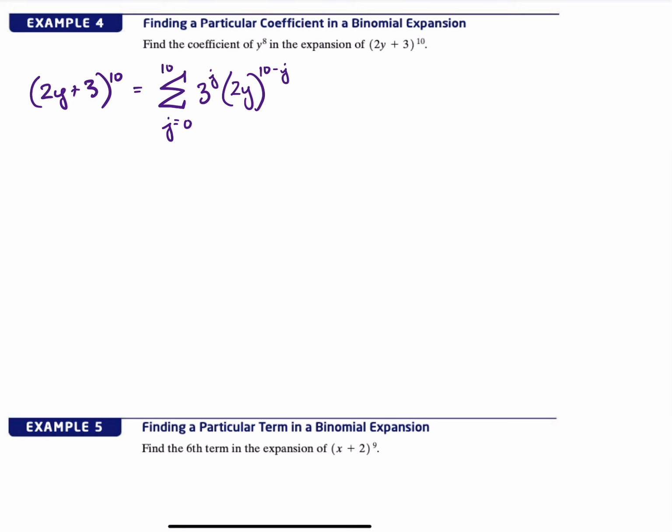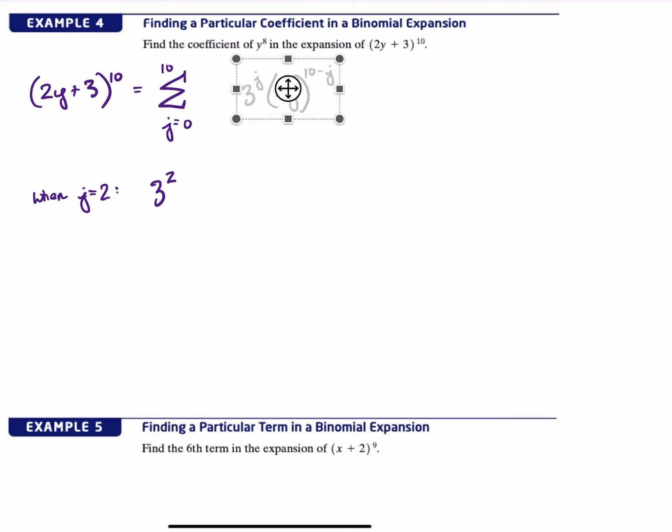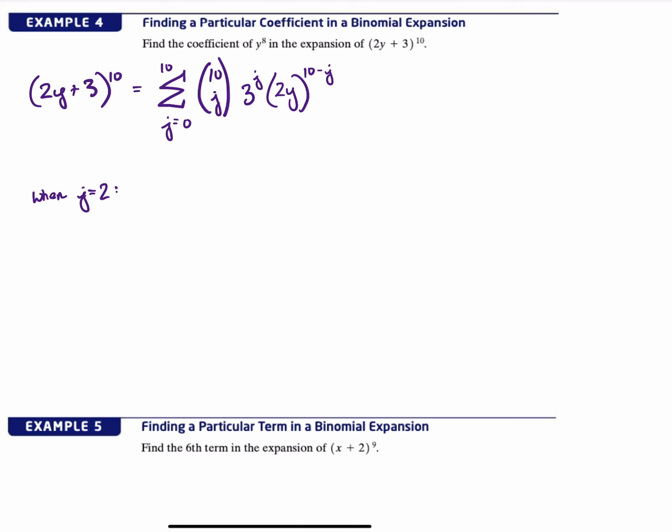So let's find just that term. We just want that one term when j equals 2. That would give us 3 squared. Oops, yeah, looks like I forgot the choose piece again, because we need 10 choose j here. Gotta remember to keep that in there.